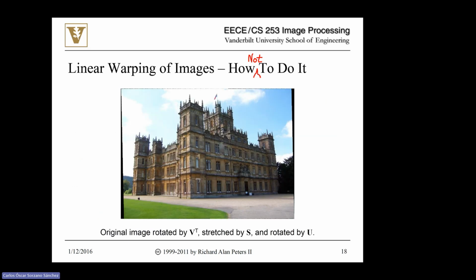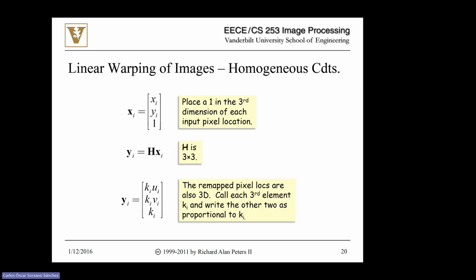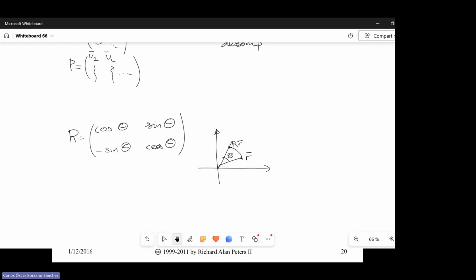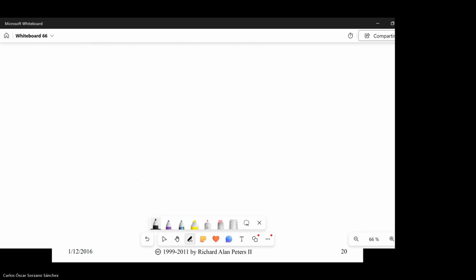Okay, so that will bring us to introduce something that I call homogeneous coordinates. You will define a homogeneous coordinate. So you will have a homogeneous coordinate R. To avoid confusion, we put this tilde on top to say this is homogeneous.